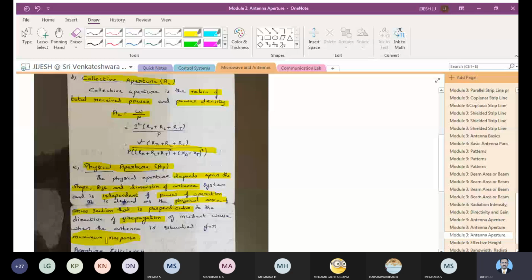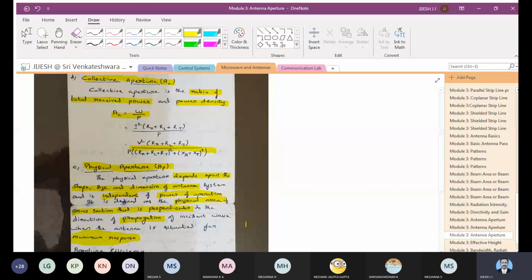For that, the physical area of cross section is perpendicular to the direction of propagation of the incident wave, and the antenna is situated for maximum response. So physical aperture basically deals with the shape, size, and dimension of the antenna, and it is independent of the power. That is the main thing.